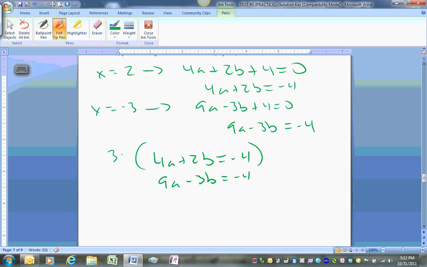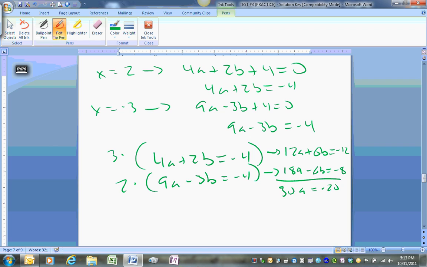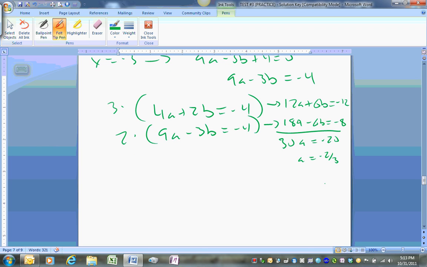See, if I multiply this by 3, multiply that by 2: 12a plus 6b equals negative 12, and 18a minus 6b equals negative 8. Add these two equations together, 30a equals negative 20. A equals negative 2/3. And then solve for b.